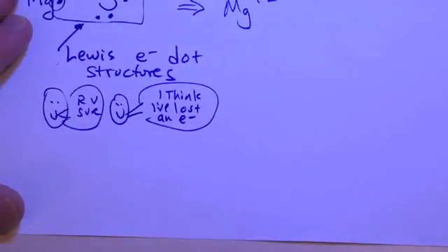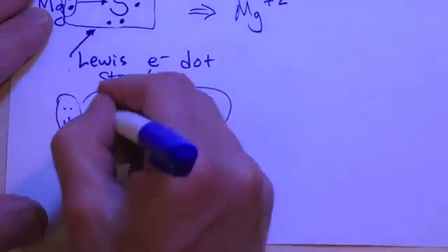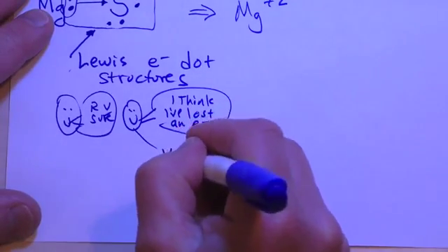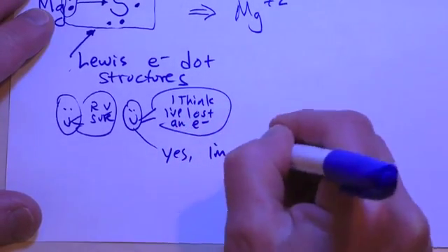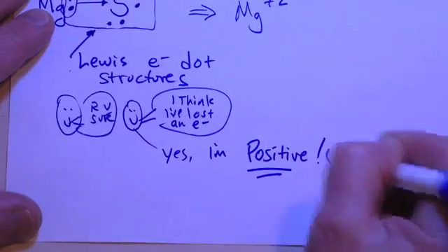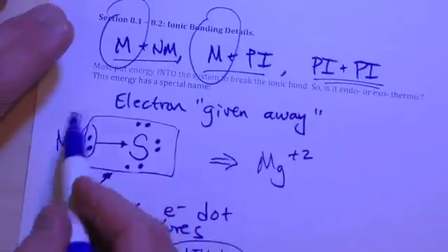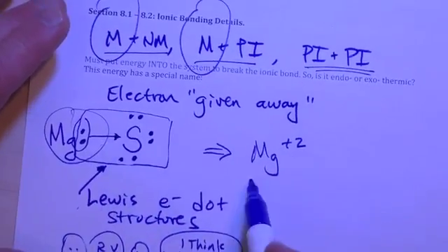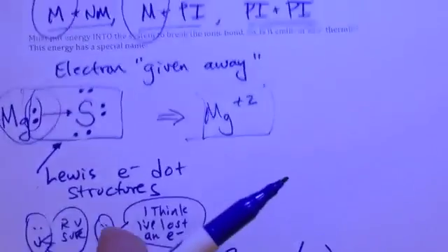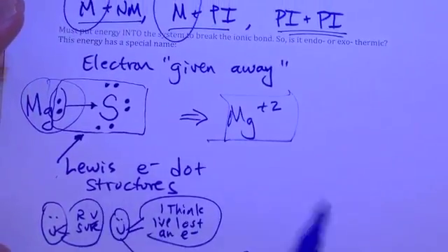And the first one says, yes, I'm positive. Ha ha ha, get it? Positive, you know, positive. And what happened to magnesium? He lost 2 negative things, and so he became positive 2 charged. So that's the joke of the day about the 2 atoms walking down the street losing an electron.